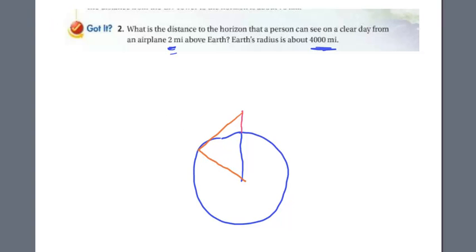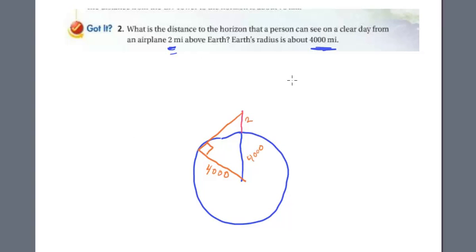So now what do we know? Well, we know that this is 4,000. This is 4,000. We know this piece here is 2 miles. We also know that this radius here is 4,000 as well, because this tangent formed a right triangle.